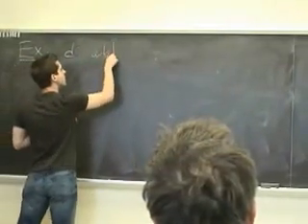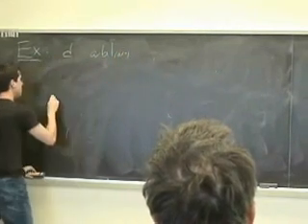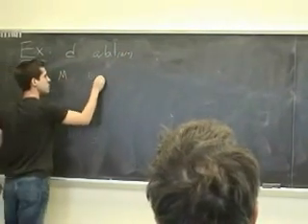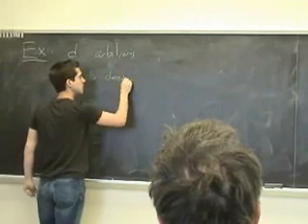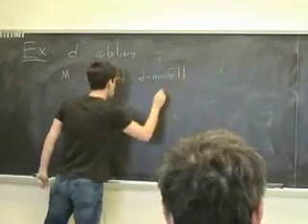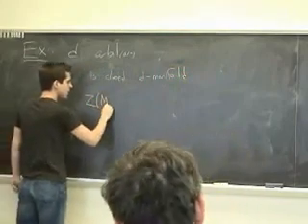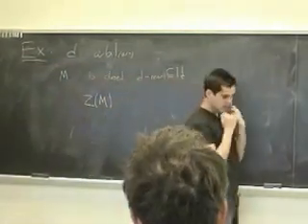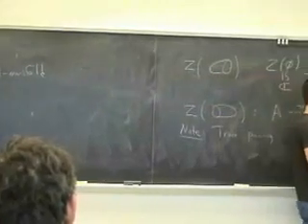Let's just imagine D arbitrary now. And now suppose that M is a closed D manifold. Well, a closed D manifold can be thought of as a cobordism. It's a cobordism from the empty manifold to itself.